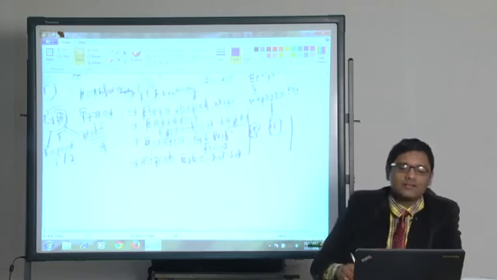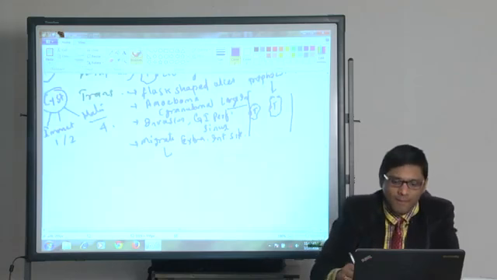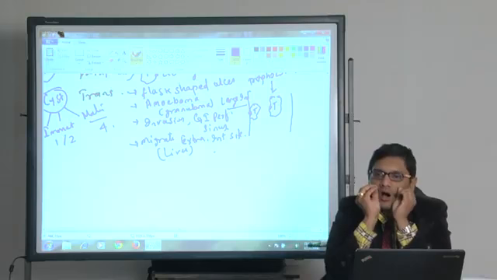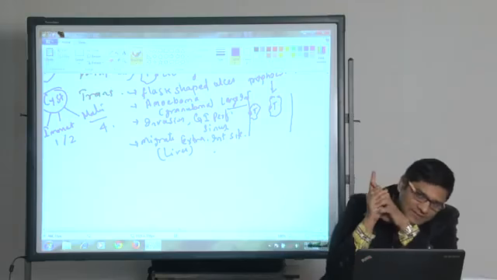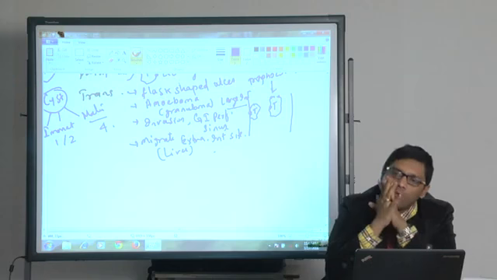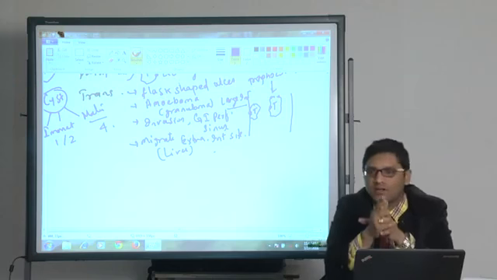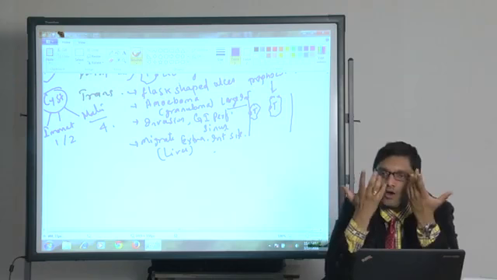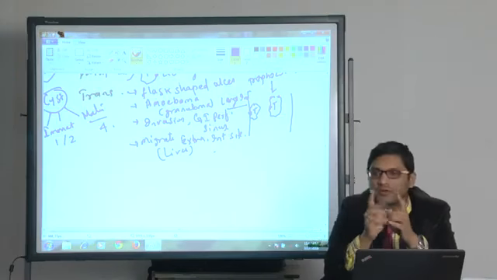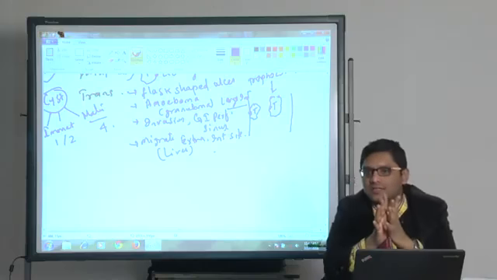Which is the most common extraintestinal site? Liver. So, which is the pathogenic form? Answer is trophozoite. Which is the invasive form? Answer is again trophozoite. Which form goes to liver? Again trophozoite. In liver, which forms are seen? Trophozoite, cyst, or both? Answer is only trophozoite, because cyst is never found inside the tissue.